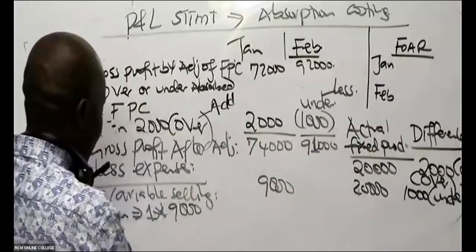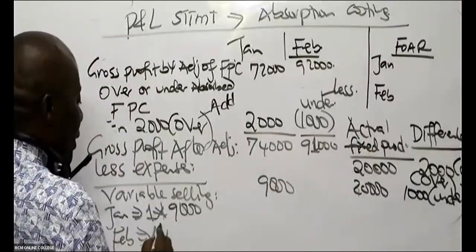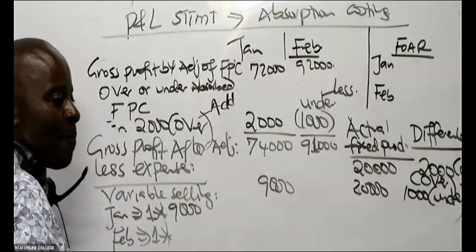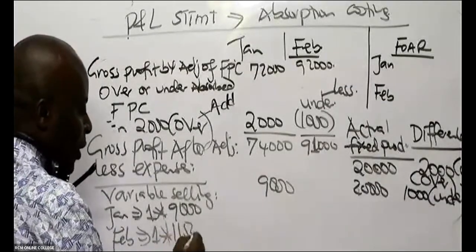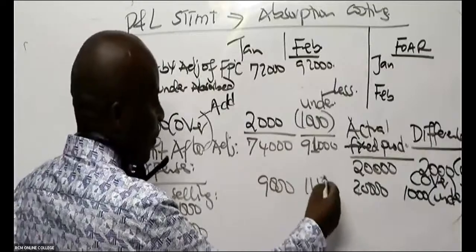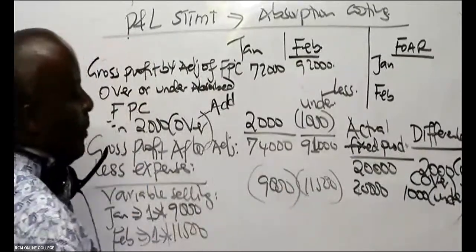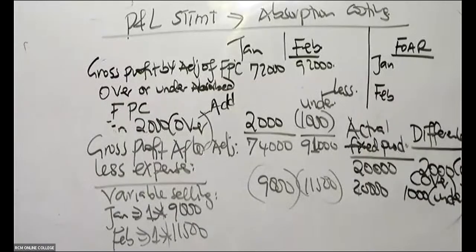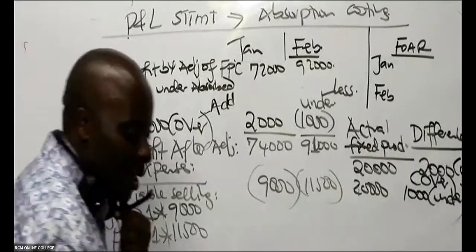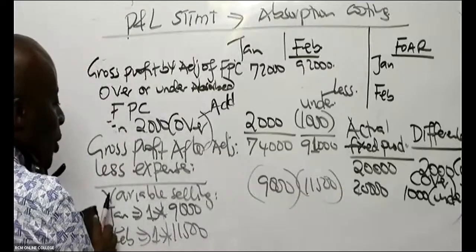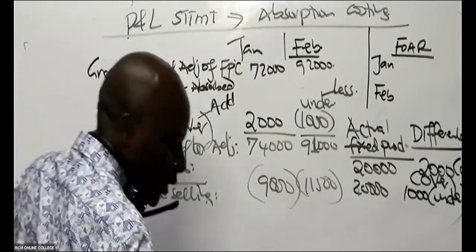And then February, it will still be 1 times how many units do we sell in February? 11,500, which gives me 11,500. These are expenses. Don't start arguing, should I subtract? Expenses are always subtracted. After that, we have our fixed selling.